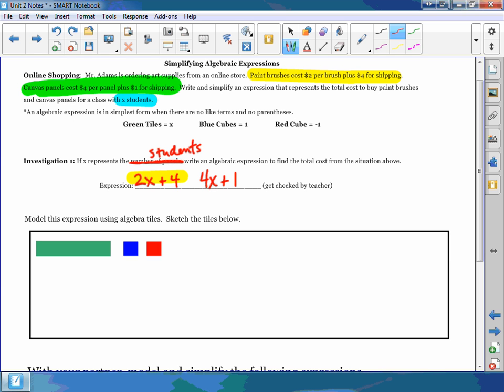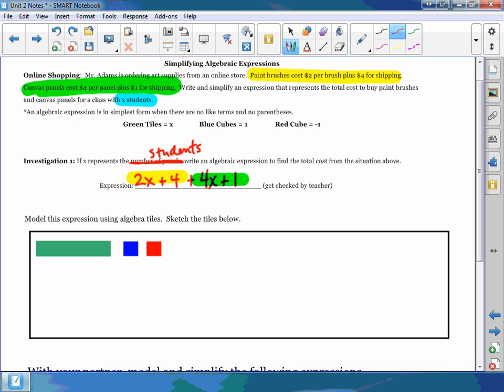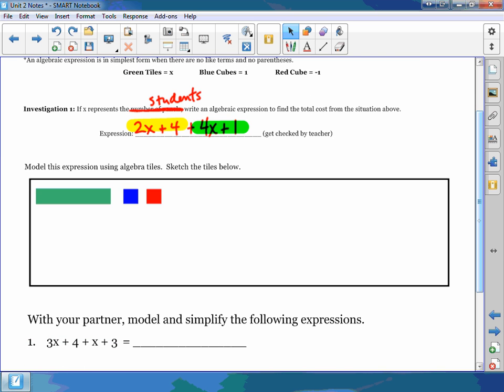Total cost means sum, so we're going to add these up. So you can see how these two expressions were broken down. You have the canvas panels and the paintbrushes lined up just like that. The next thing they wanted you to do was model this. And the purpose of modeling is just for you to become familiar with these algebra tiles, which I think will ultimately help you really understand this concept.